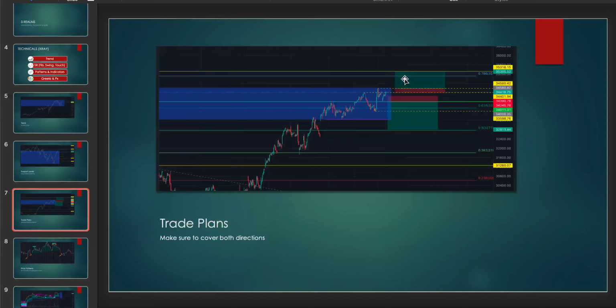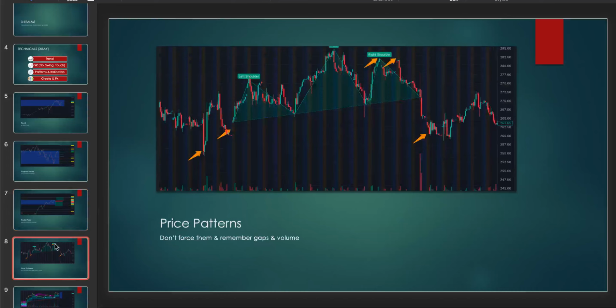If broken, then you have the entry level to the first price target, second price target, and whatever's up above. Or from the current price level down to the nearest support, if it breaks, that's the entry level to the first target, the second target, the third target, and so on and so forth. And that is basically what you do once you've identified trend, both on the larger and the smaller time frames, and once you have identified your support and resistance levels.